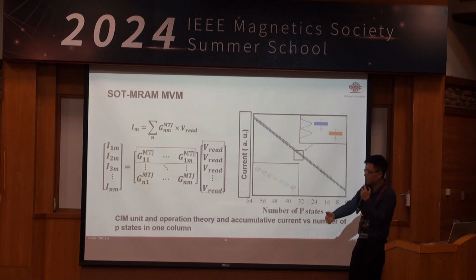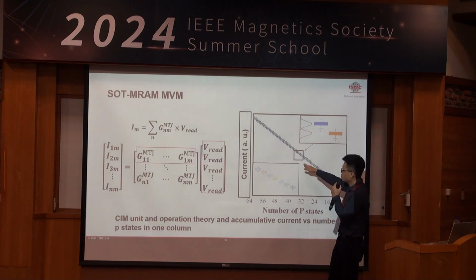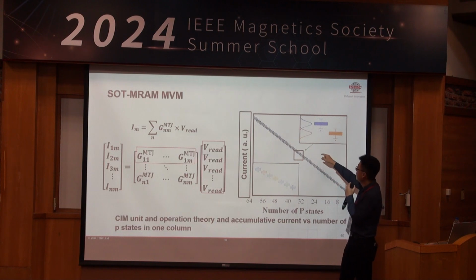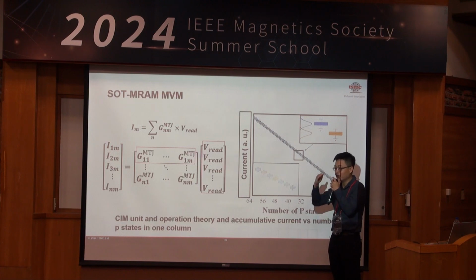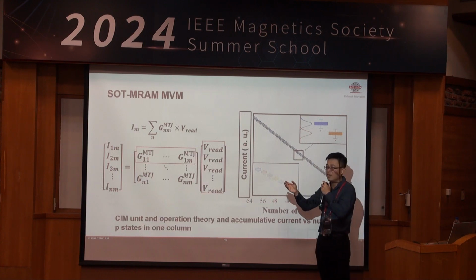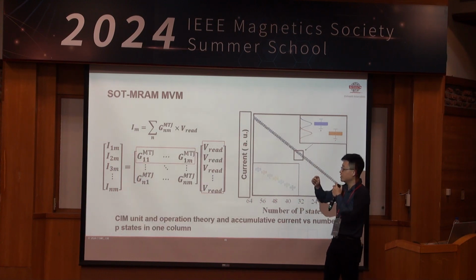And the one like just X is where we are trying to do this kind of accumulated current. Here we actually do this not on a real array, because our current array design doesn't allow us to turn on all the transistors. So what we did is make a sequence that allows you to randomly switch the MTJ and read the current of each MTJ, and then you get the total current.